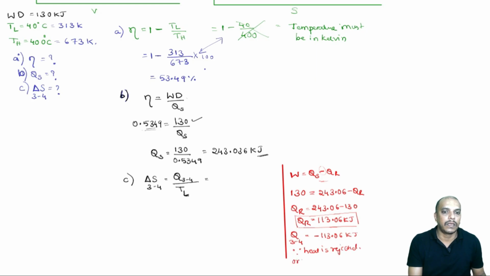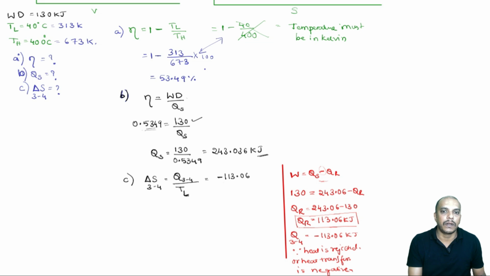We know the sign convention: if heat is rejected, it is negative.